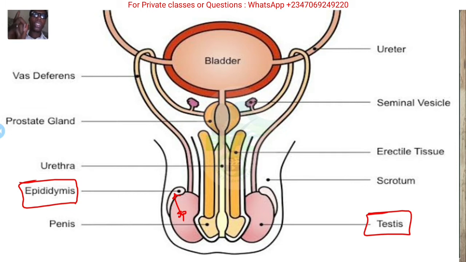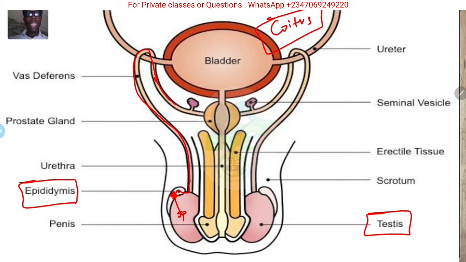So once it is there, when it is needed, most times during coitus, and coitus is another word for sexual intercourse, I use that because it's easier to use. During coitus, sperm cell moves from this epididymis and goes in through the sperm duct like that.